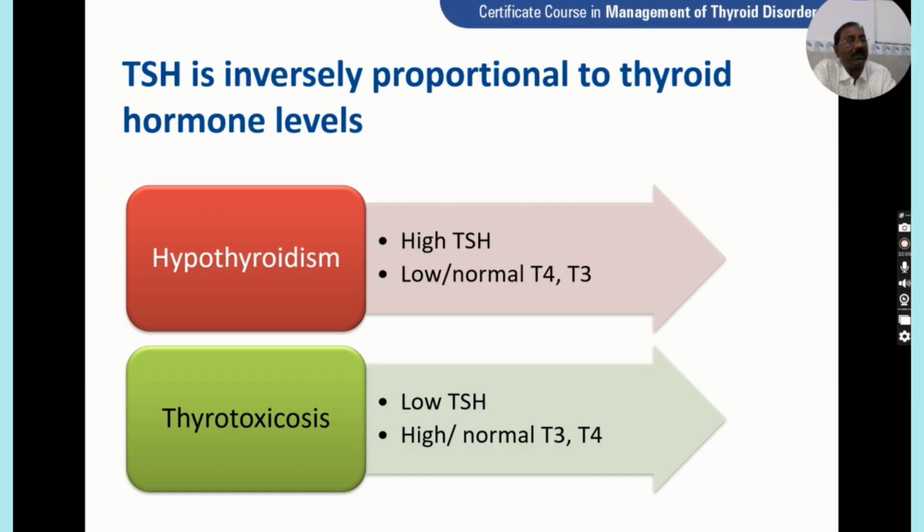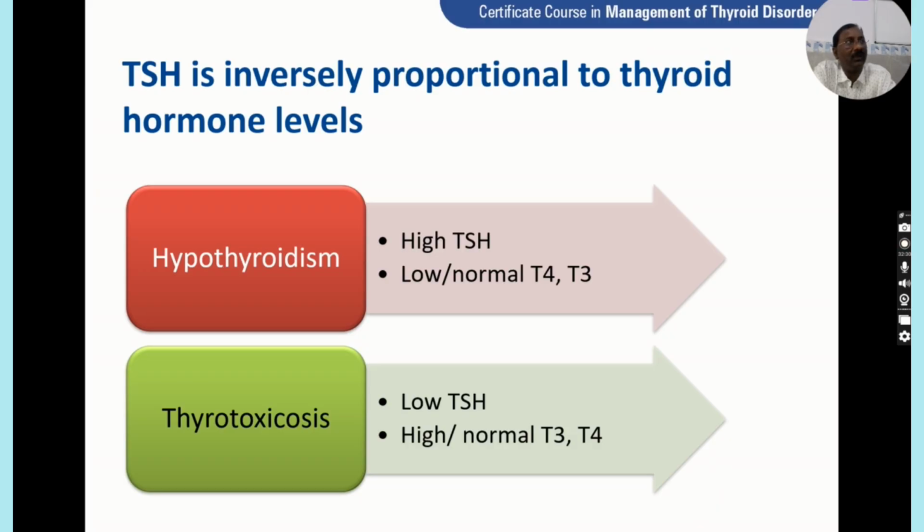Overt thyrotoxicosis means low TSH and high T3 and T4 levels. Low TSH but normal T3 and T4 levels, that is subclinical thyrotoxicosis, subclinical hyperthyroidism. So in all the subclinical, either hypo or hyper, the difference is only the TSH. The T3 and T4 will be normal in subclinical.